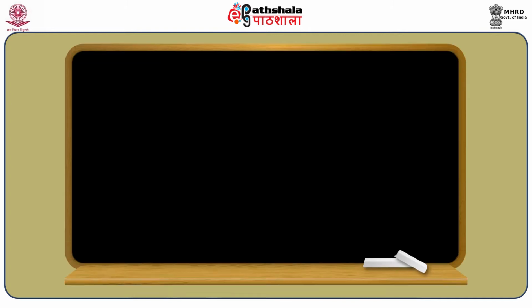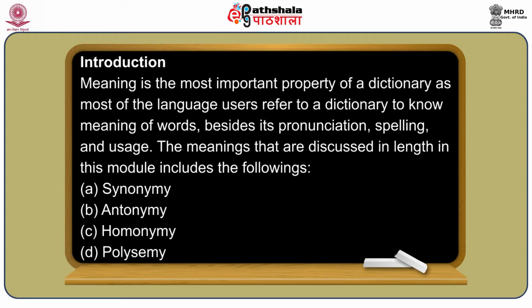In this module, we do not need to discuss all those finer shades of meaning. Rather, we should focus on four most important types of meaning, with examples and illustrations from English and other Indian languages. The meanings that are discussed at length in this module include the following: synonymy, antonymy, homonymy, and polysemy.